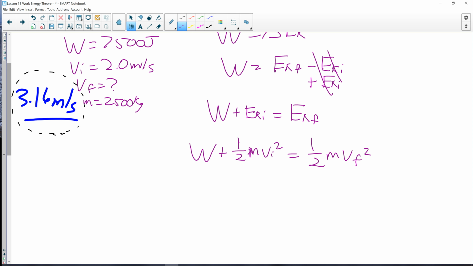Now what I'm looking for is vf. So what do I have to do with the 1/2 and the m to get rid of them? Divide them over to the other side. That gets me vf squared. What do I want?